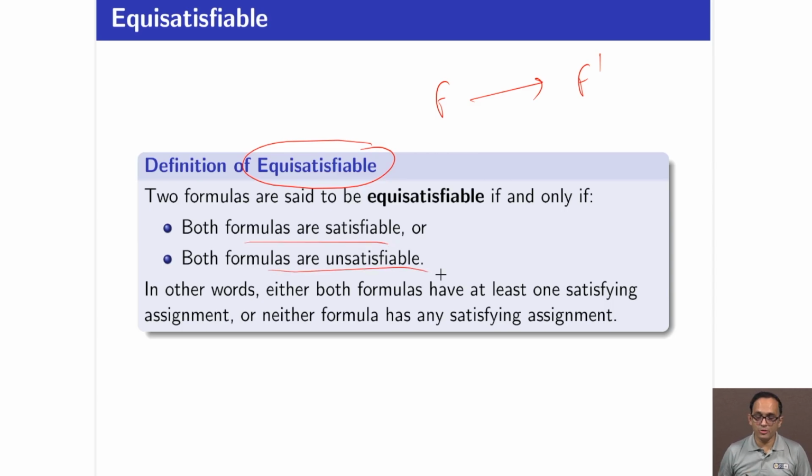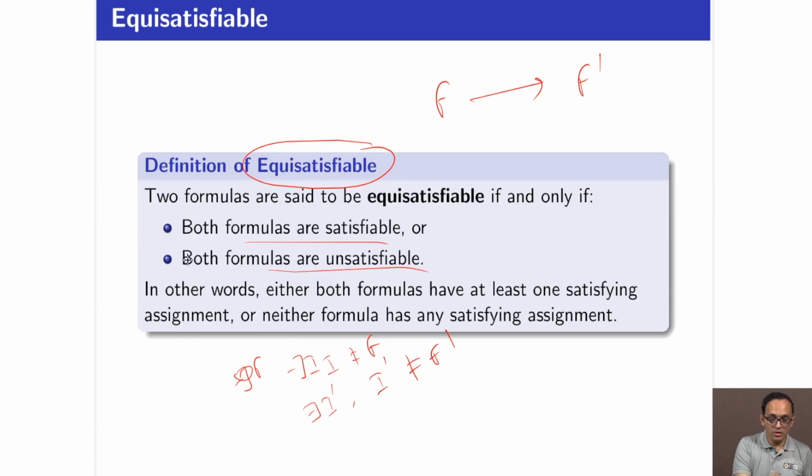Let us understand what it means for both formulas to be satisfiable. If f is satisfiable, what does that mean? There exists some input, an interpretation I, which satisfies f. The formula becomes true under this interpretation. And f dash is satisfiable if there exists some input, it may be something else, I dash, such that I dash satisfies f dash.